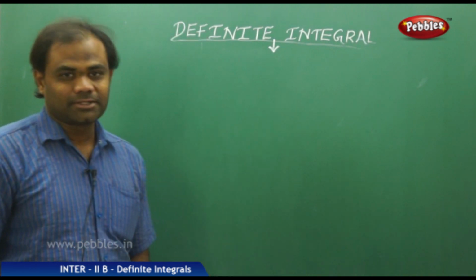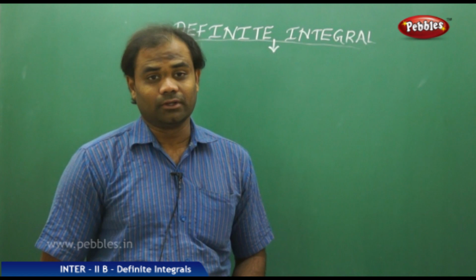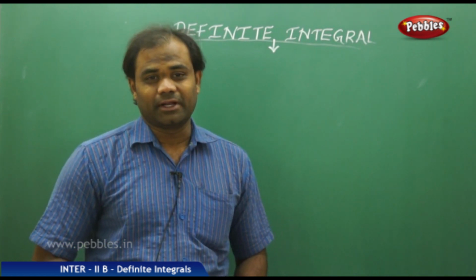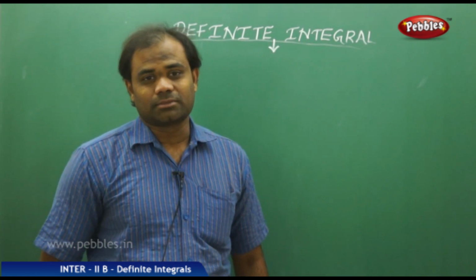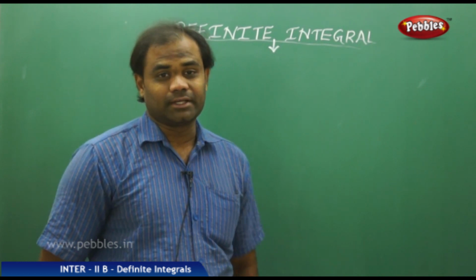Now next, let's see the condition for existence of a definite integral. Now that we have defined the definite integral, the question is: under what conditions does the definite integral exist?